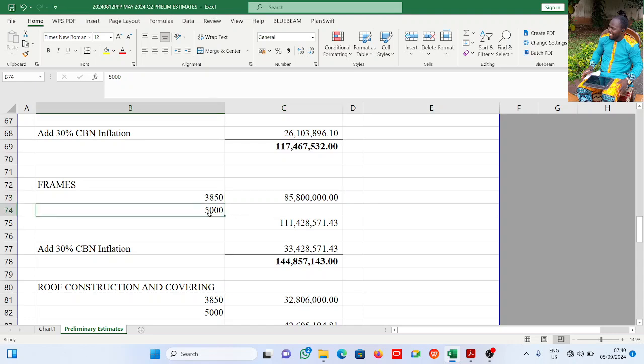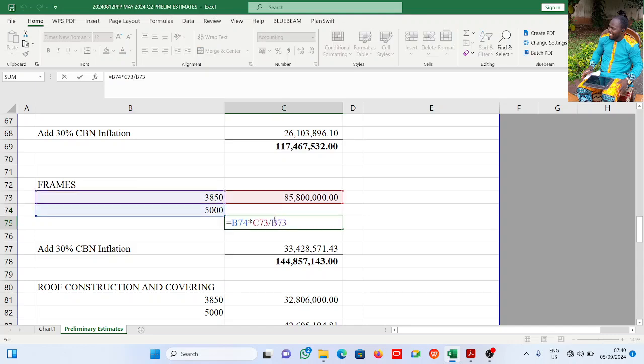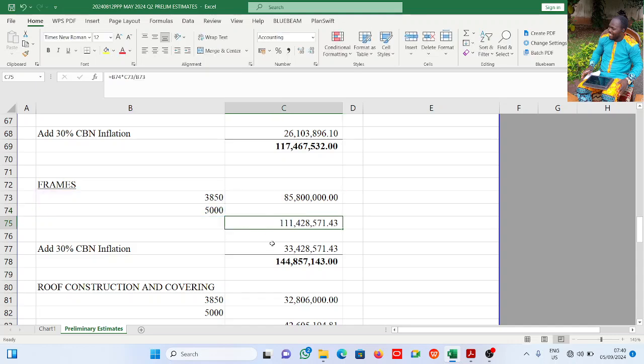Now what will a 5,000 square meter gross floor area give me? I just prorated and this gives me that. Then I add 30% CBN inflation, then I get the new or the proposed frame for the proposed project.